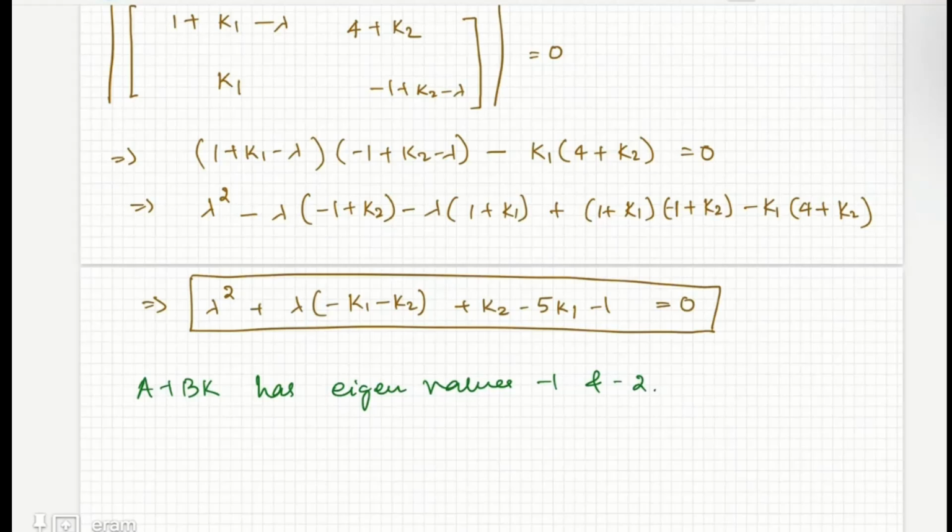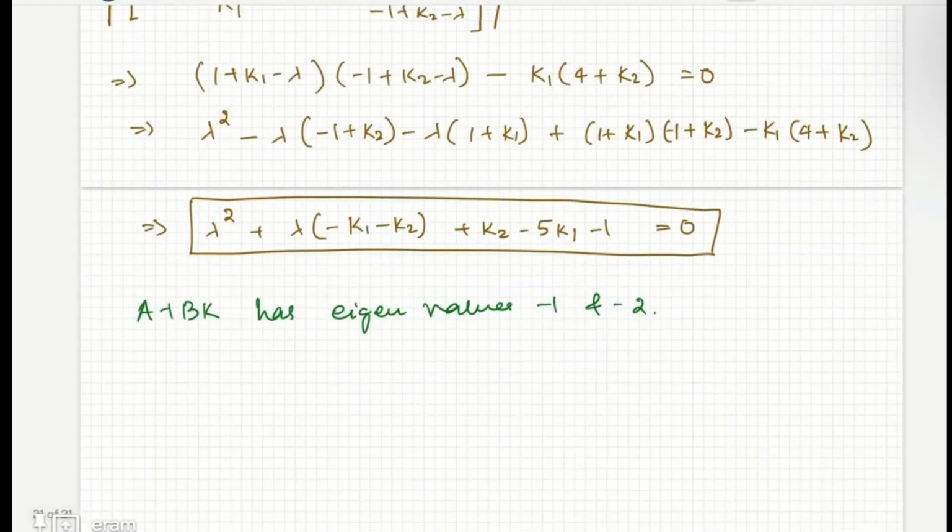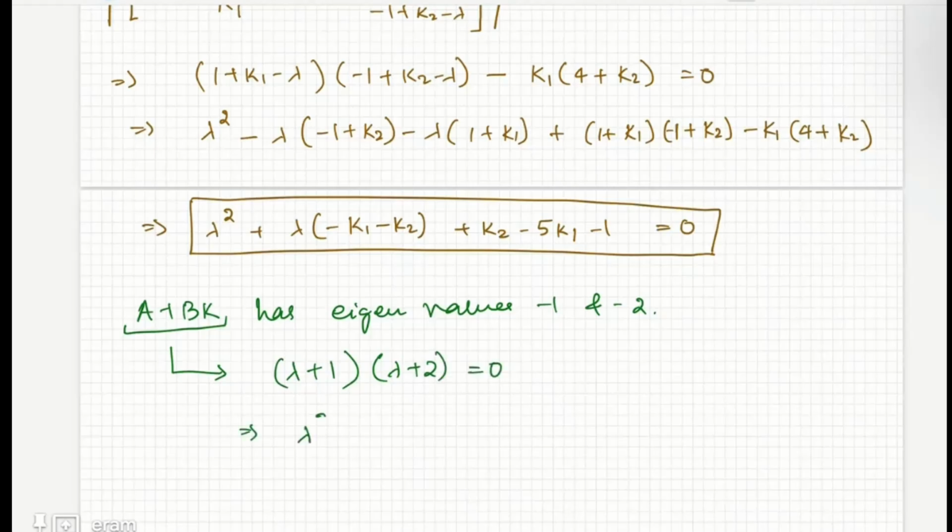So if -1 and -2 were eigenvalues of A plus BK, then what will be the characteristic equation? It should have these eigenvalues, which is lambda plus 1 and lambda plus 2 equal to 0. That means it should satisfy lambda square plus 3 lambda plus 2.